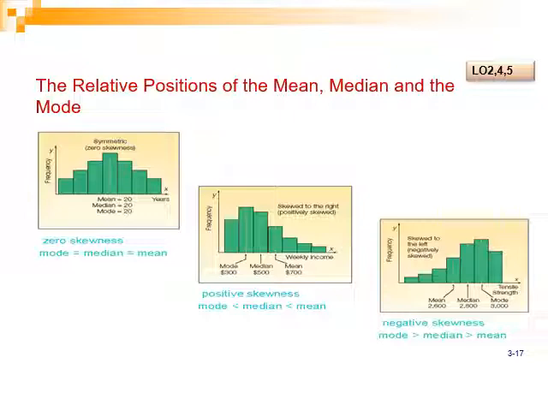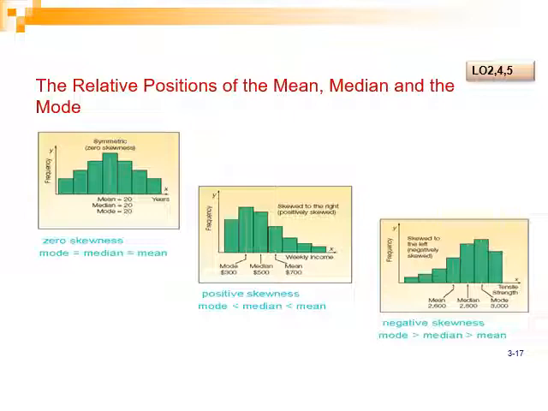Now let's move to the relative position of the mean, median, and mode. Here we have zero skewness, and we will introduce skewness later in the chapter in detail, but let's go to this part and find the relation between the mean, median, and mode.